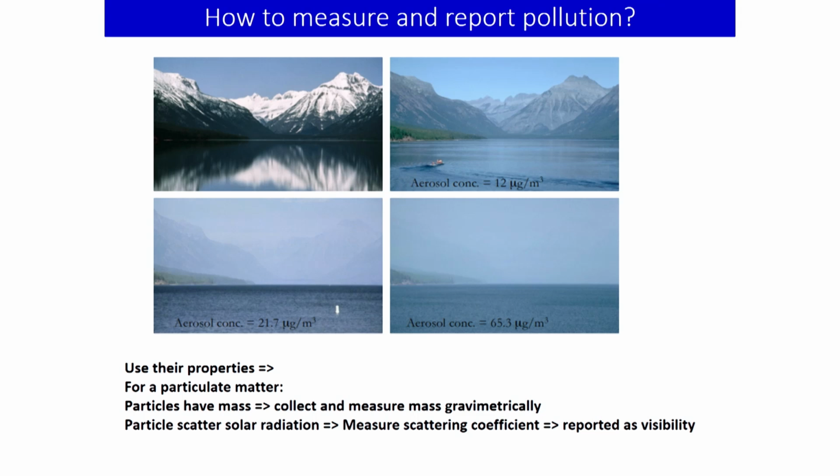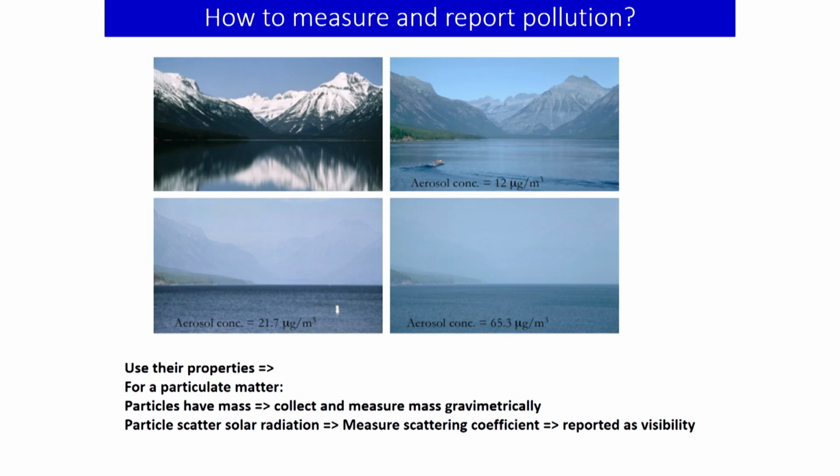So, to sum up, as I said in the measuring methods or instrumental methods, how we report this, we use their properties. For example, we know that particulate matter has mass. If we can collect the particulate matter and find how much mass is there in 1 meter cube of air, then we can report that concentration in microgram per cubic meter.